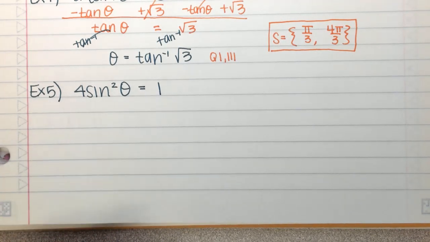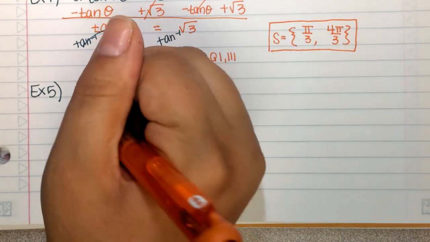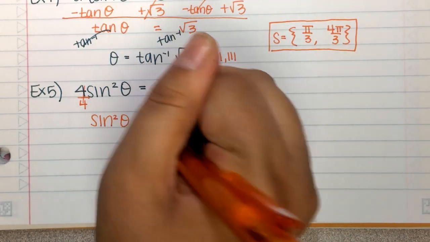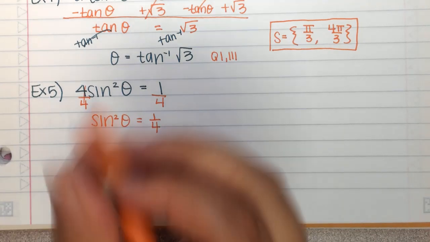Alright, what do I do here? Divide by 4. So the sine squared of theta is 1/4. Square root.